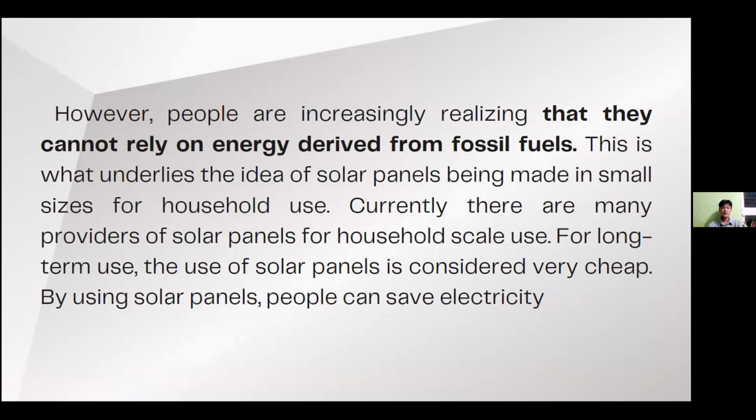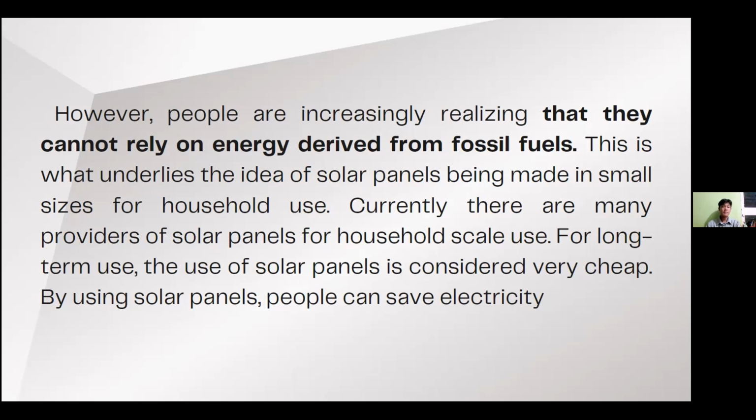The last bold clause is that they cannot rely on energy derived from fossil fuels. That is an adjective clause that explains the preceding word, realizing. Okay, this is what underlies the idea of solar panels being made in small size for household use.